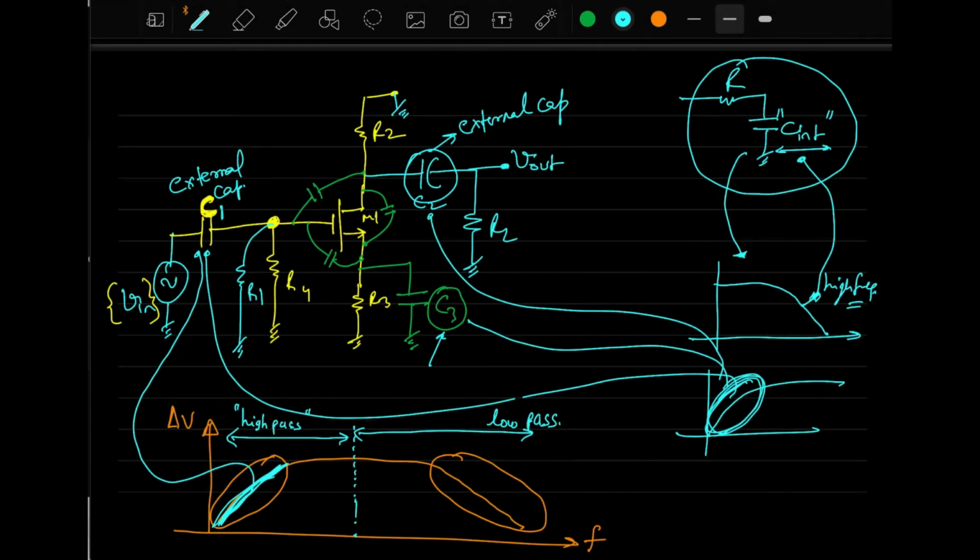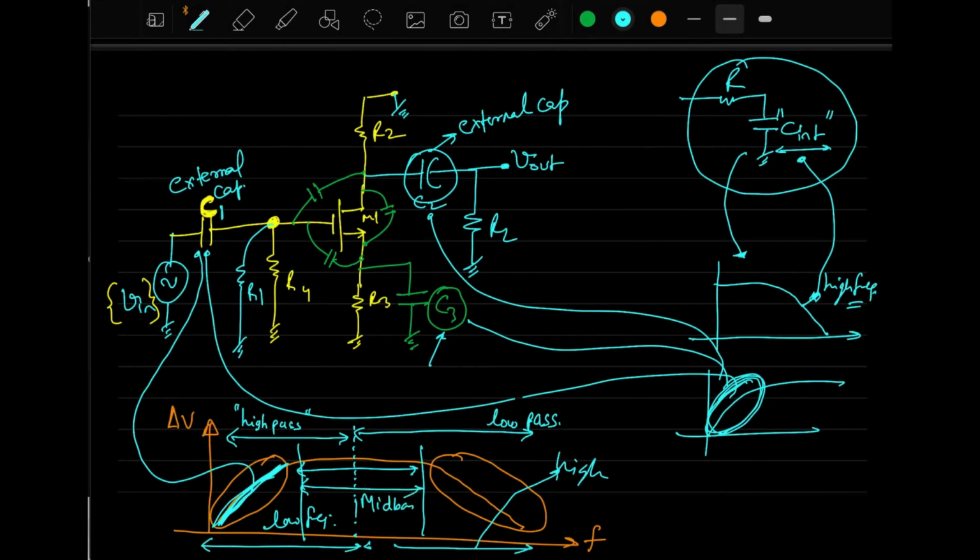This is the low frequency part of the operation, and this is normally called the high frequency region. The region in between is called the mid band region, where the gain is constant. Below this mid band it is low frequency, and above this mid band is high frequency.